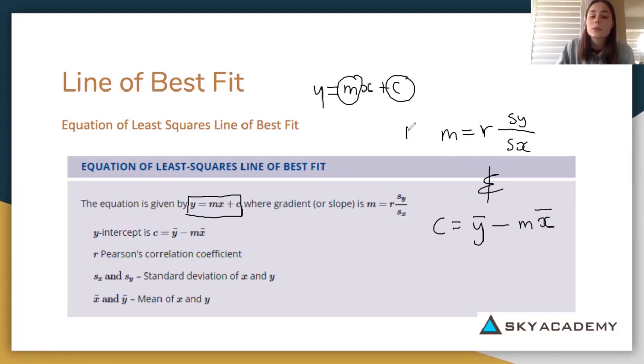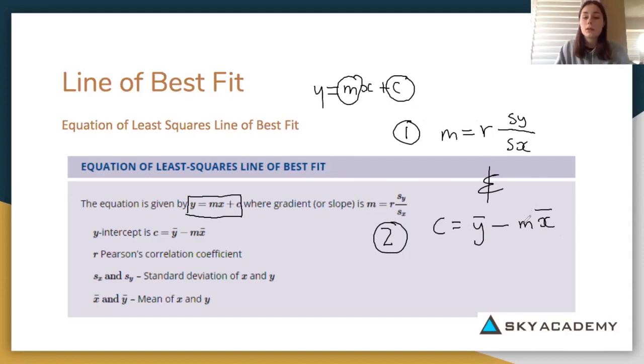So we need to do this one first and then this one second, because our m value is in our second equation. So you can't calculate the second equation without first having the m value to sub in there.